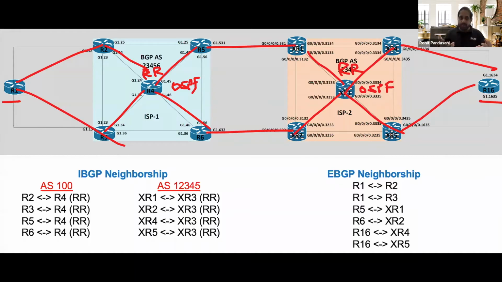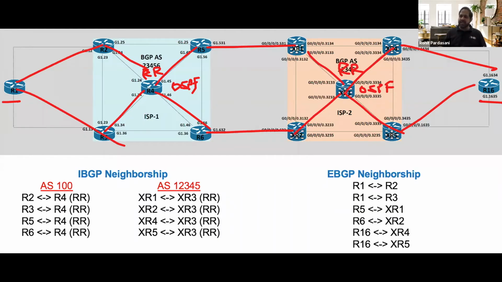It can be outbound because it's well-known, mandatory. It must be present. Since the origin code is the same, and I really haven't changed anything, and R16 is advertising using the network statement, R1 would see I from both neighbors.